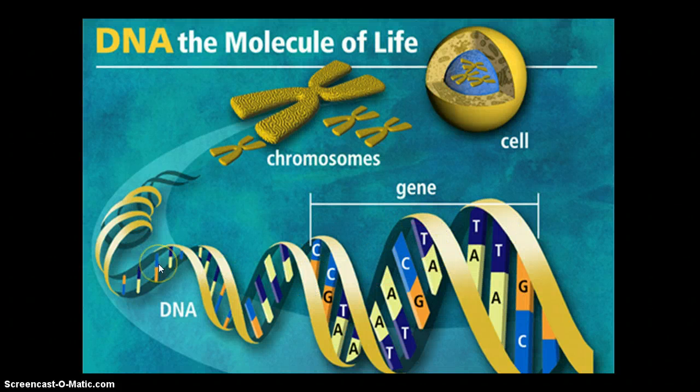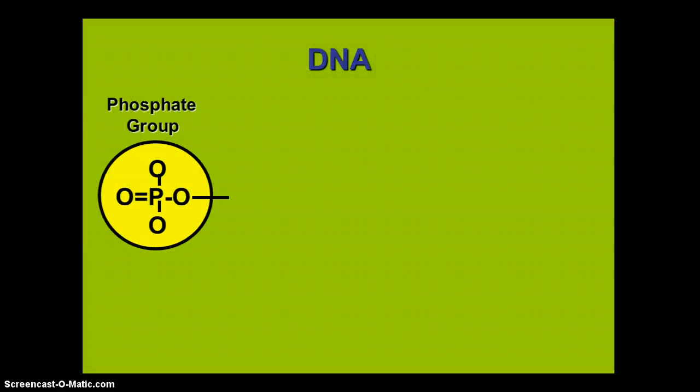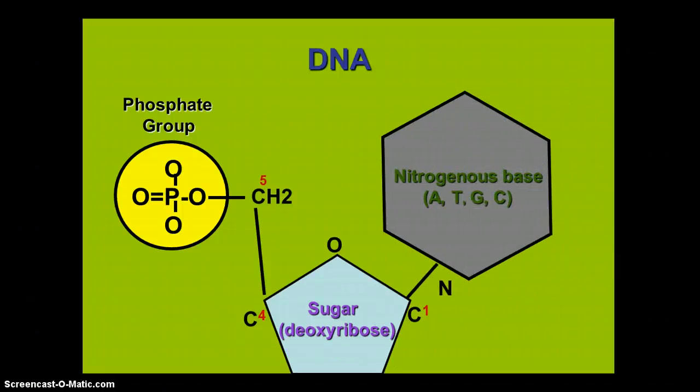We inherit our DNA from our parents, and on this DNA we have something called a gene. Okay, so I'm going to keep going, and we're going to talk more about genes next week and the week after that.